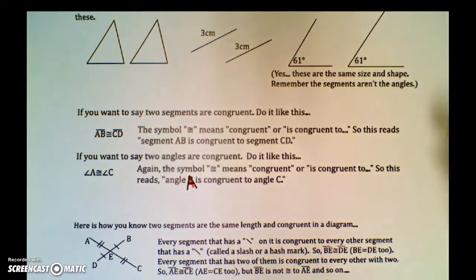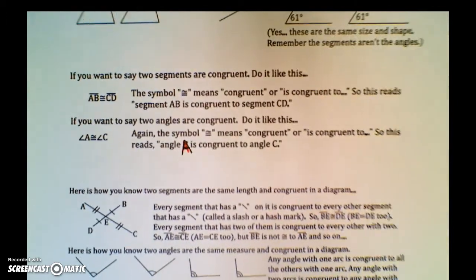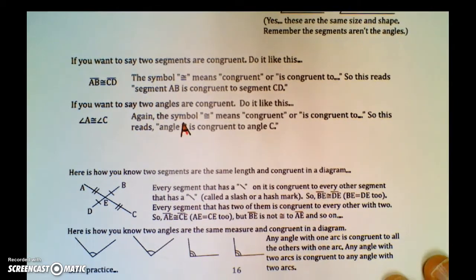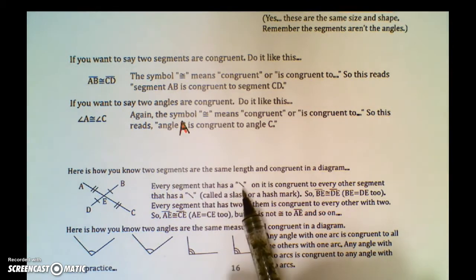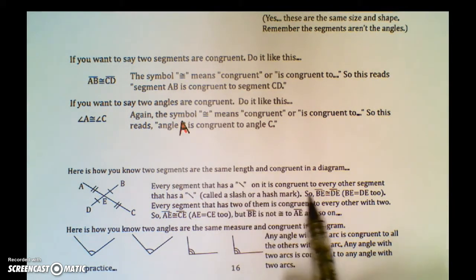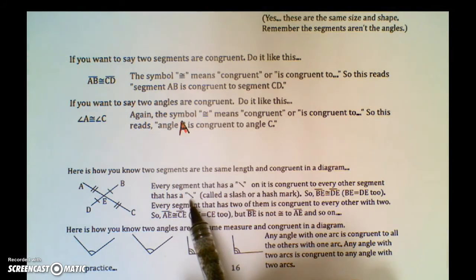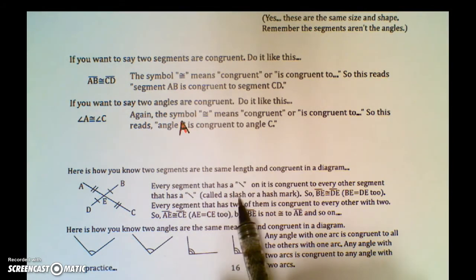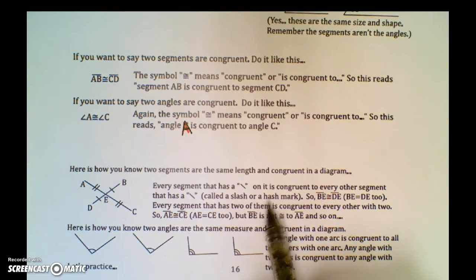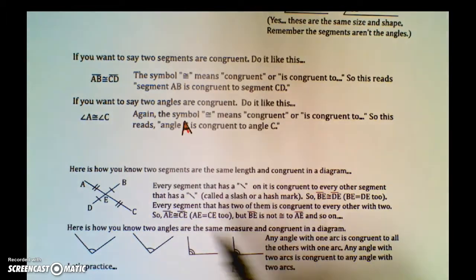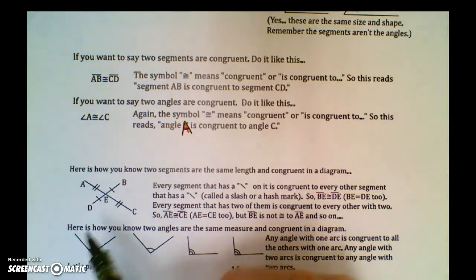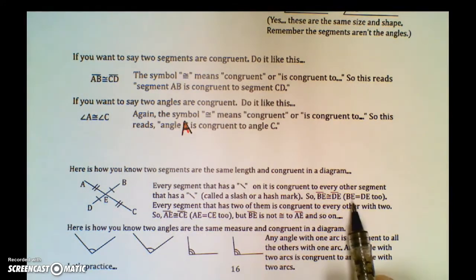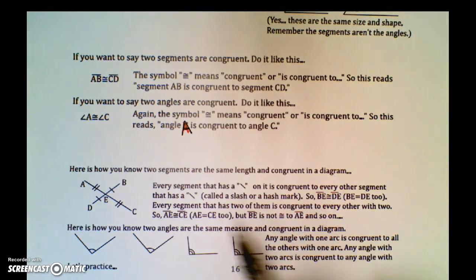So here's how you know two segments are the same length and congruent in a diagram. Every segment that has a slash mark on it is congruent to every other segment that has the same slash mark, called a slash or a hash mark. So in this diagram, the segment BE, from B to E, is congruent to the segment from D to E, so BE is also equal to DE too.